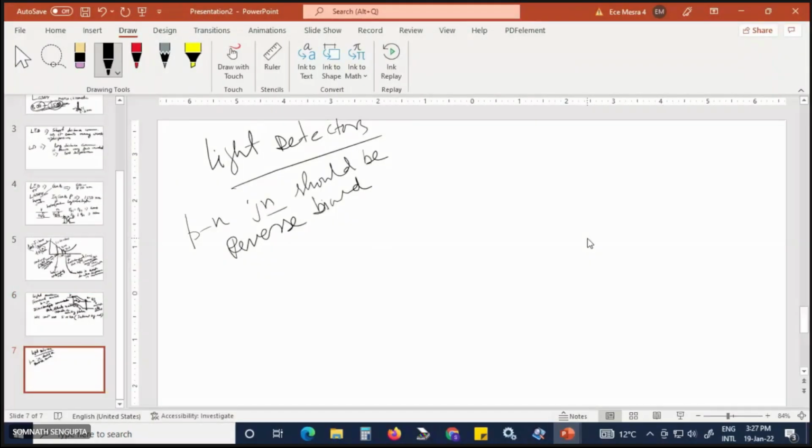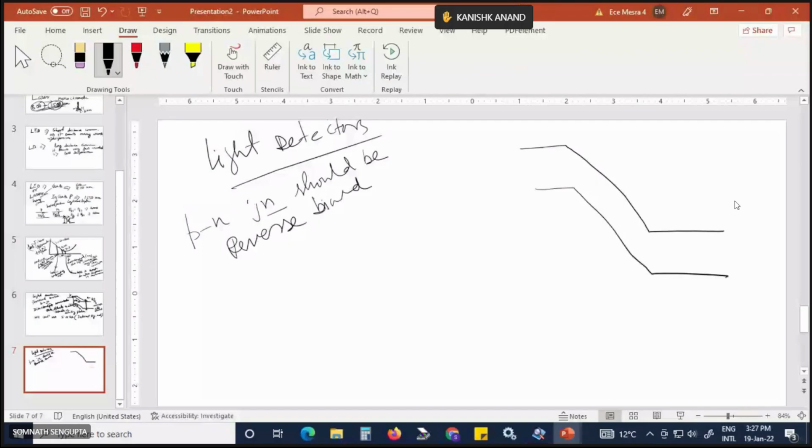Okay. So for light detectors, the PN junction should be reverse biased. Why is it reverse biased? Again I am drawing the energy band. Now the basic thing is that in the depletion region, we focus on the carriers of the depletion region.